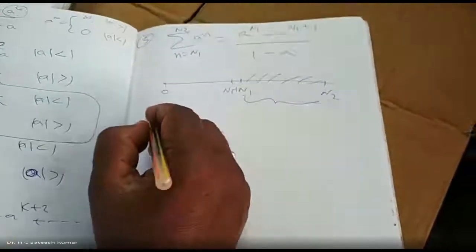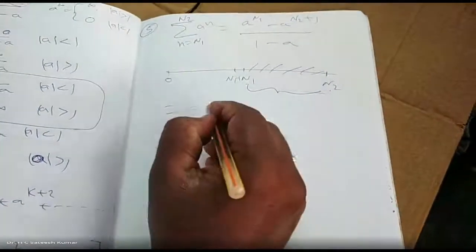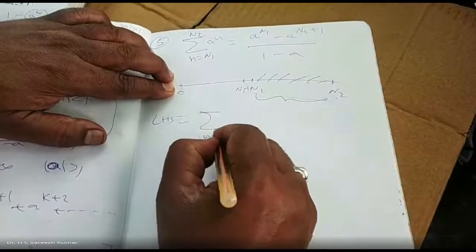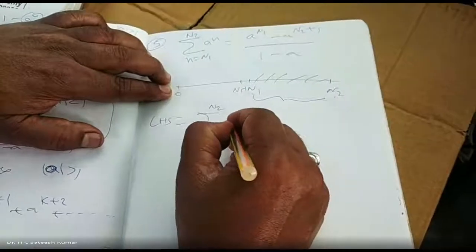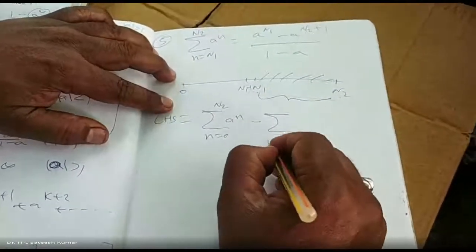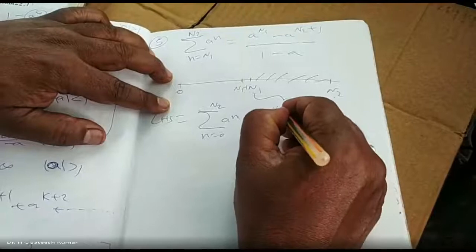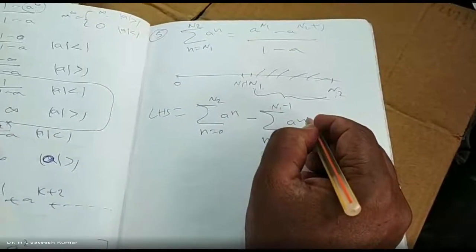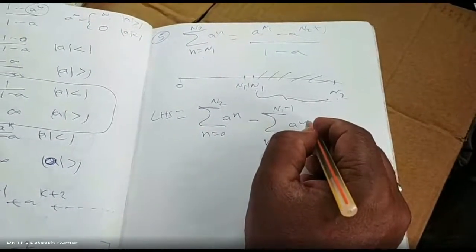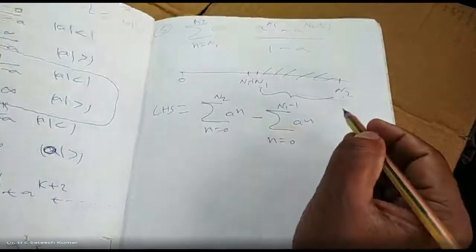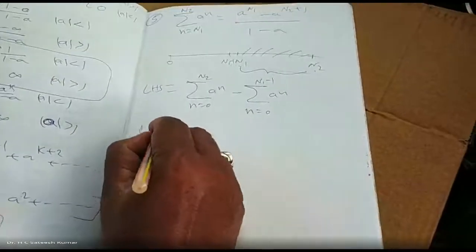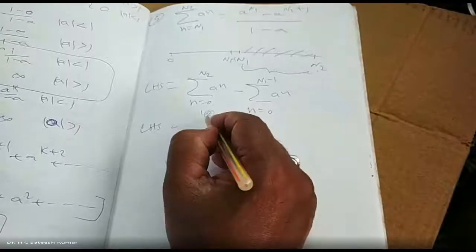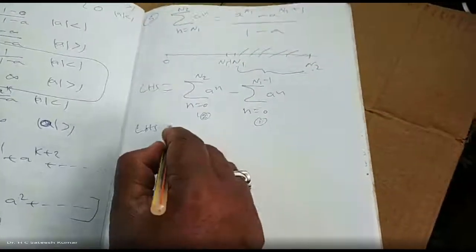That means the LHS can be written as summation n varies from 0 to n2 a power n minus summation n varies from 0 to n1 minus 1 a power n. Now for the LHS we know the formula. Both the results you put in.